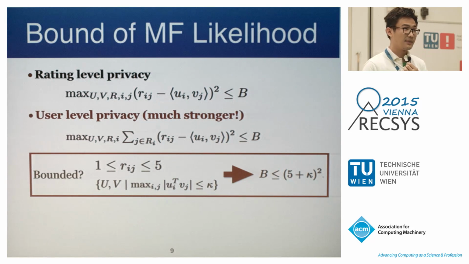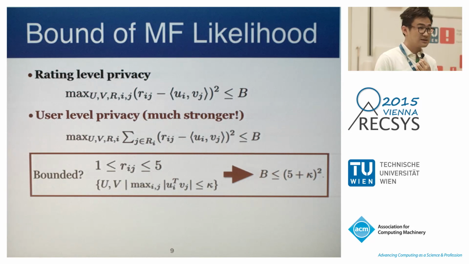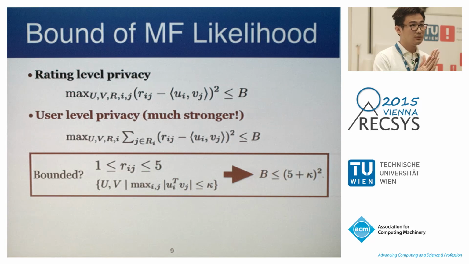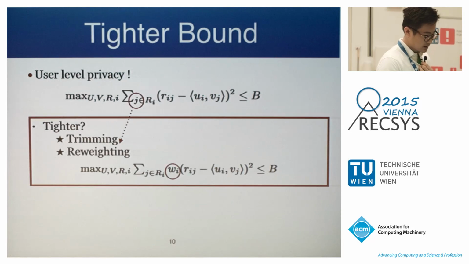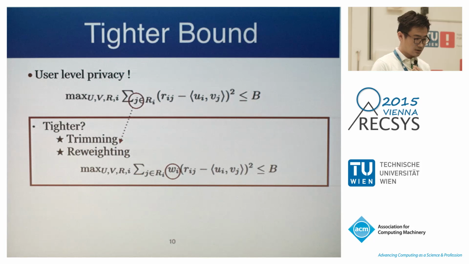Obviously the ratings are usually fixed, and you usually don't want your estimates to stay outside of your rating span, because it's a larger loss function, right? So it's bounded, but it's still a very large bound, because some users have a huge number of ratings.